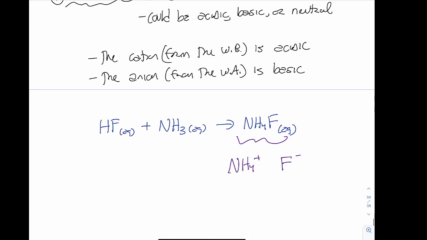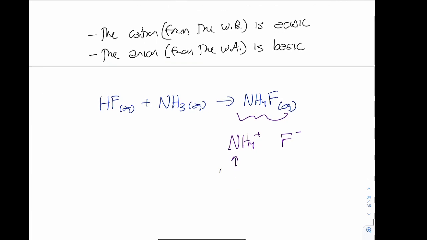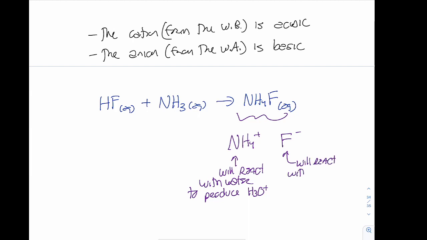So which is it? It just depends which of these two is stronger. NH4 plus will react with water to produce H3O plus, and F minus will react with water to produce hydroxide ions.